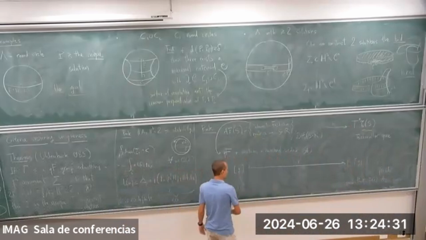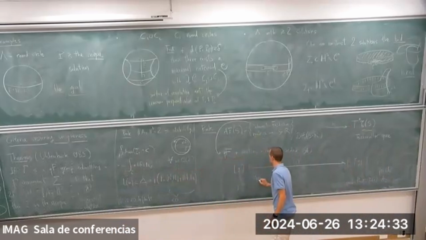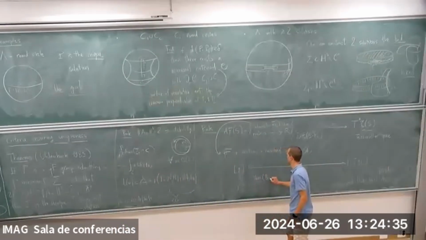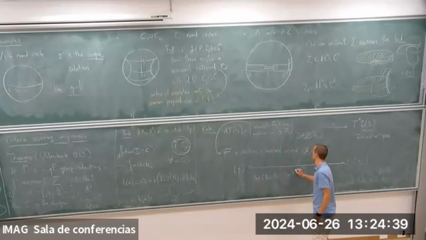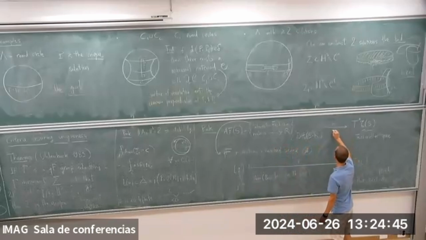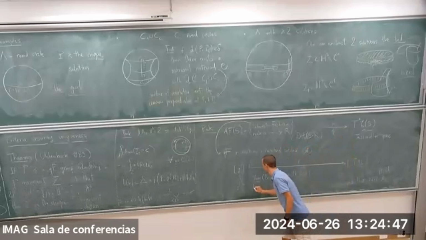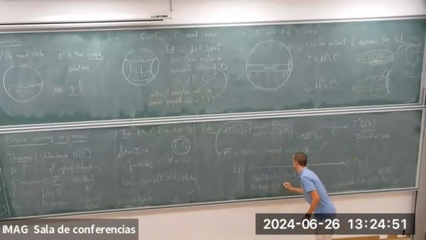And I want to mention a nice theorem, which is recent, by Bronstein and Smith. So let's call this, I don't know, phi. So the image of phi is convex in any fiber.